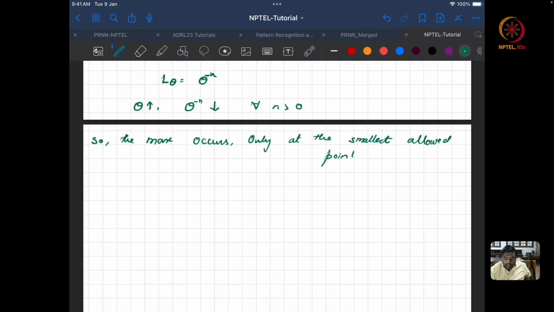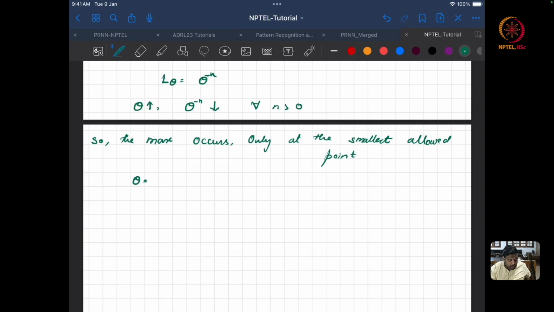Now m is the smallest allowed point. Why? It is the maximum of all the x that you have. Okay, if theta is taking any value less than m, then the indicator will be 0, because of which your likelihood is not maximizing.